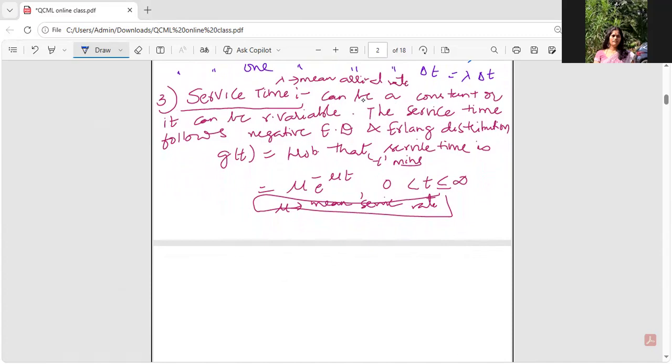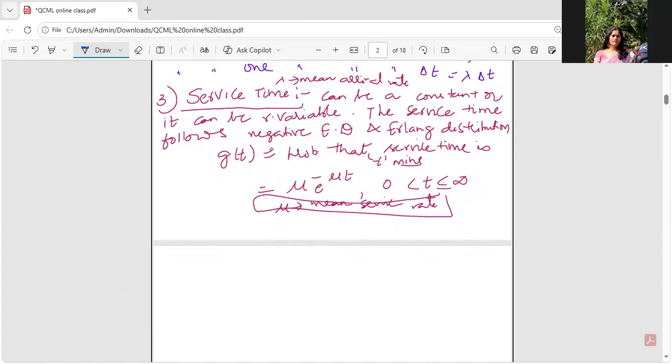It can be constant, meaning for every 5 minutes the service can be finished. If it is done by a system rather than by humans, there will easily be a constant way of doing the service. It can also be a random variable.